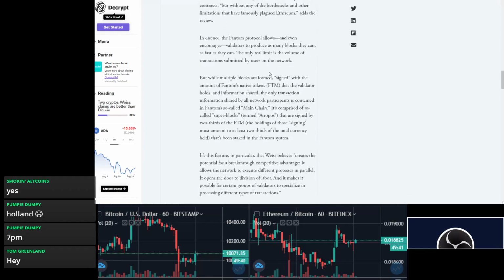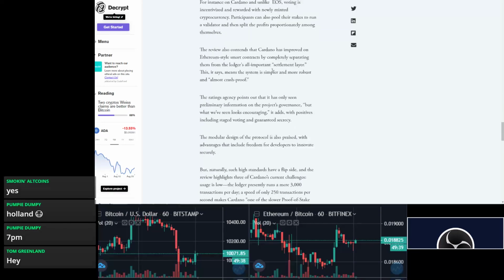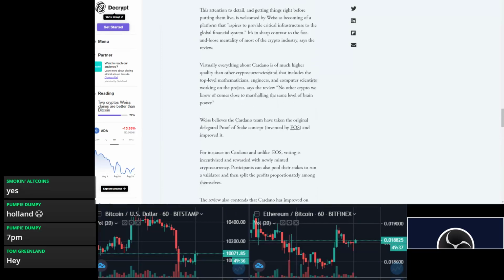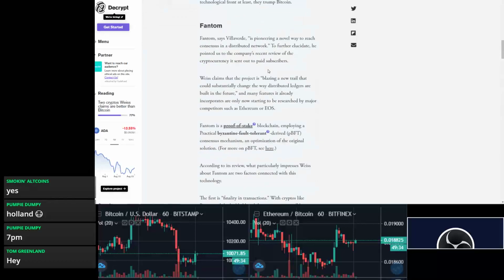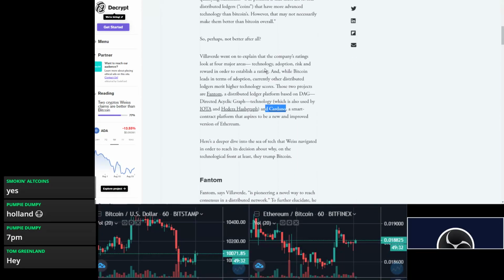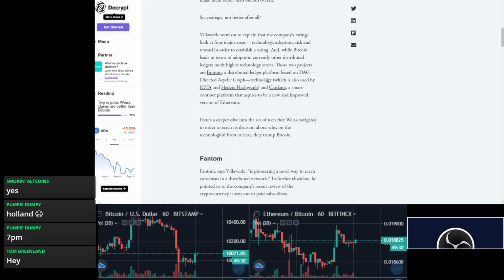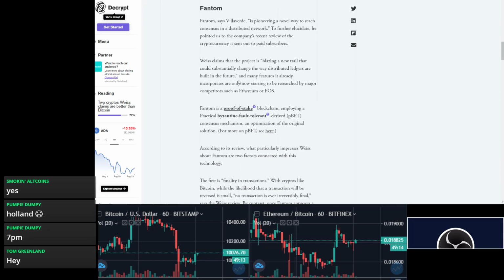Phantom, Cardano, and maybe IOTA. Oh, it's only mentioning that the acyclic graph technology is used, the same platform. So I guess we will read along with what's going on with Phantom.